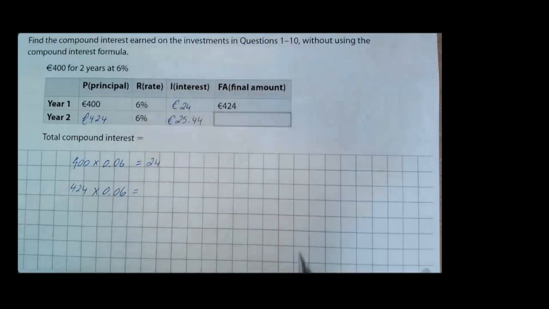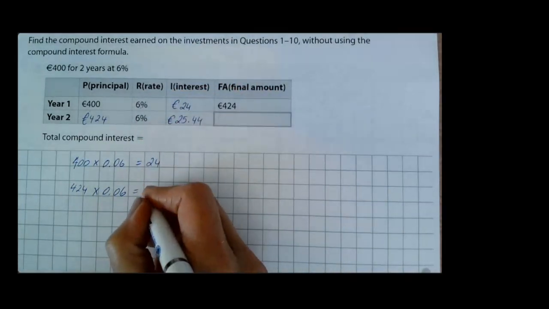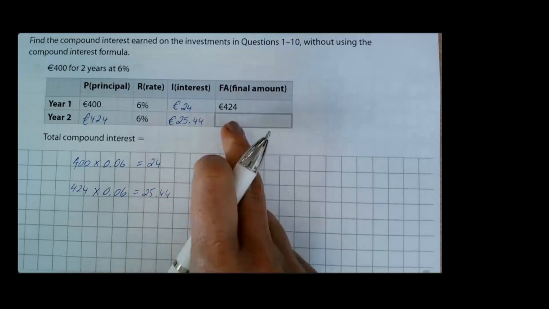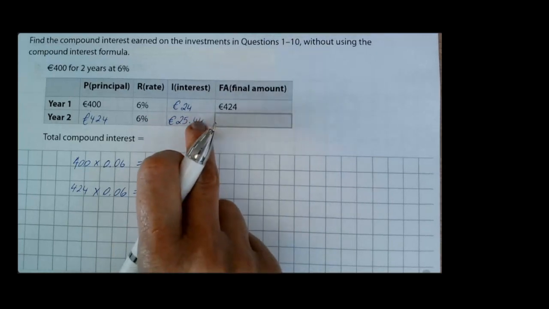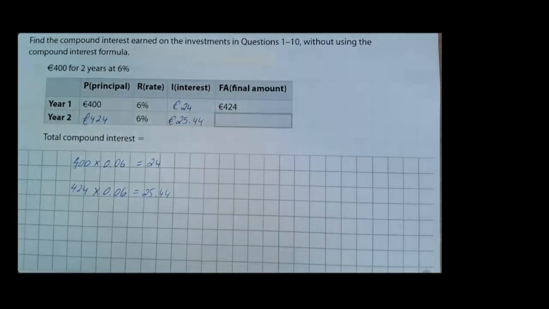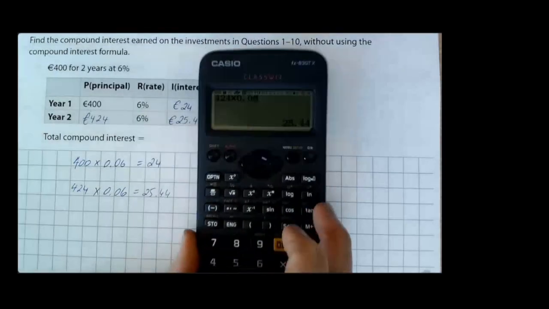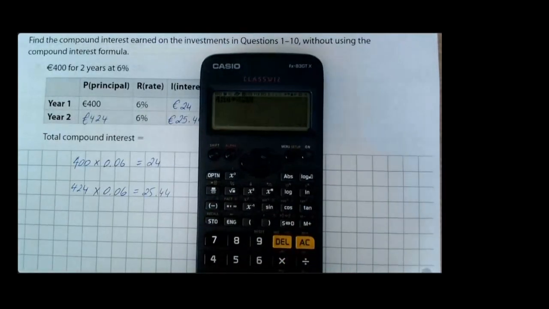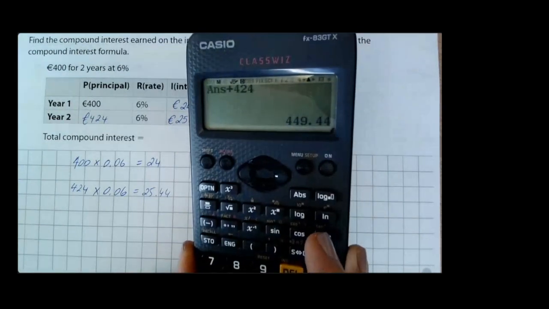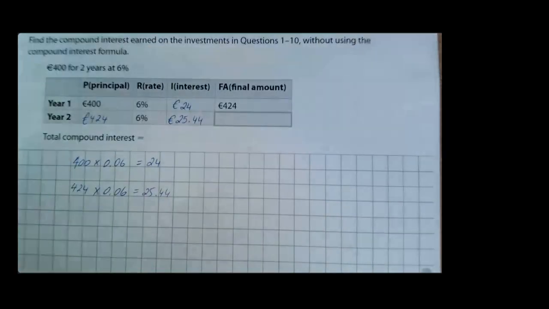And of course, to get the final amount, I want to add my 6% on to my 424. So add on 424, and I'm getting 449.44.